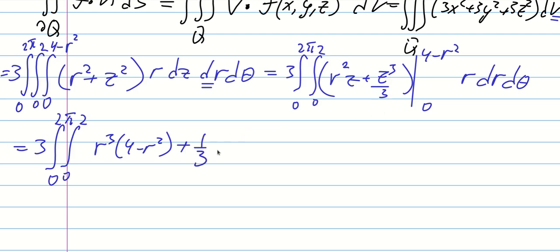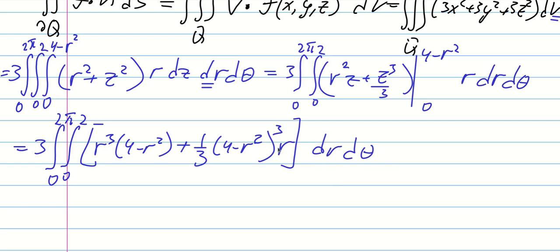Then for z cubed we have 4 minus r squared cubed. We have this r, and we have dr d theta. All right.